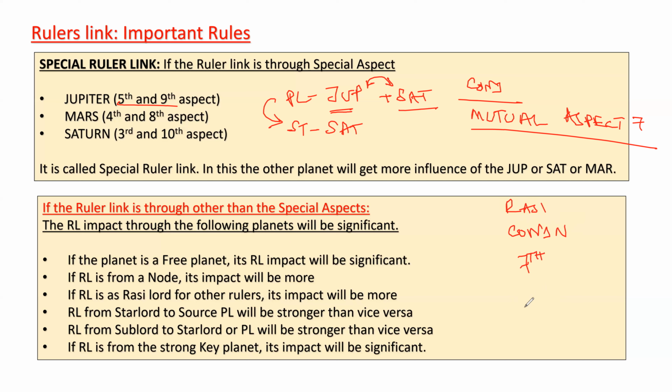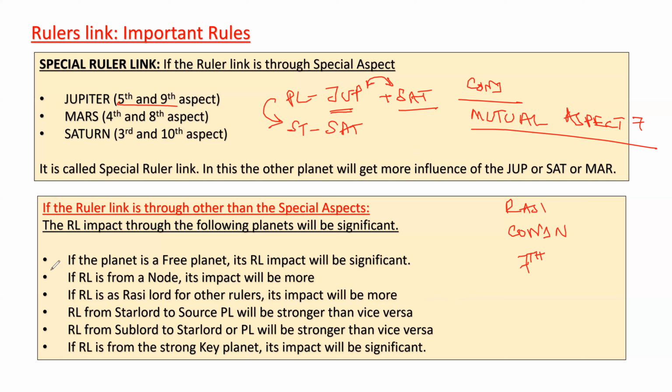In that case, both the ruler link planets will have the other planet in its supports. As I said, Jupiter will have Saturn, Saturn will have Jupiter. In that case, there are certain rules. These planets will be strongly significant in giving their ruler link impact to the other planet.